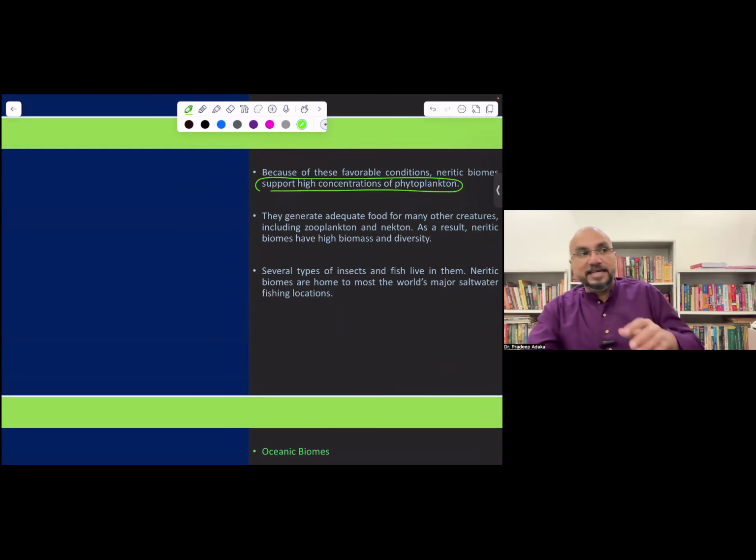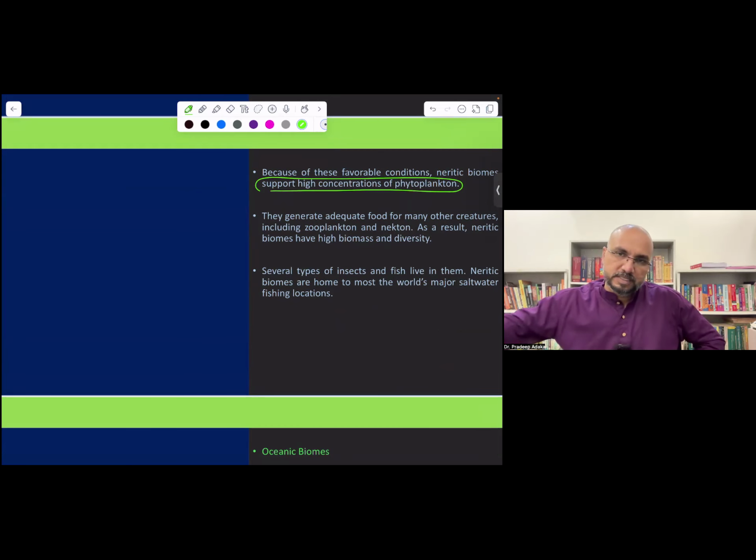So the neritic biome is the water above the continental shelf, from the low tide margin to the edge of the continental shelf. The entire region is called the neritic biome. Shallow water, rich in nutrients, sunlight can penetrate, so photosynthesis.